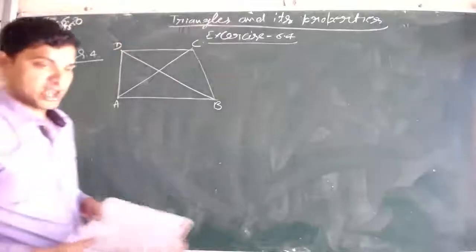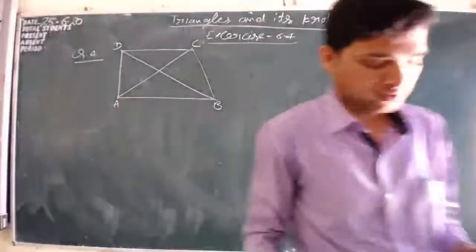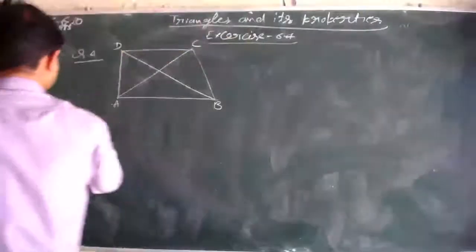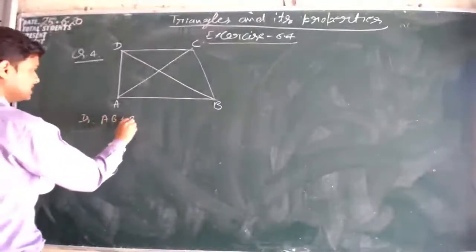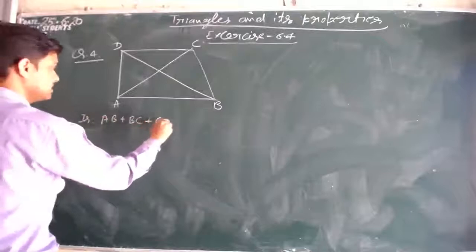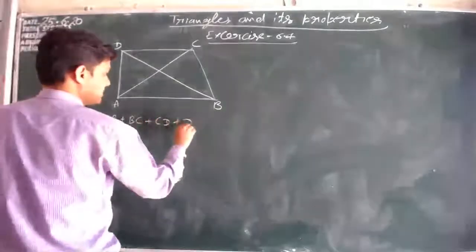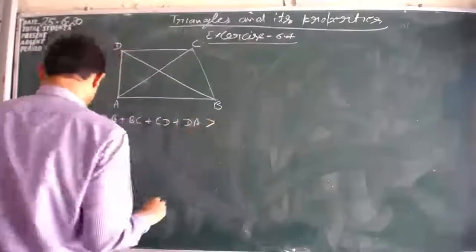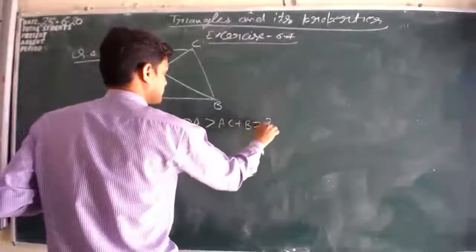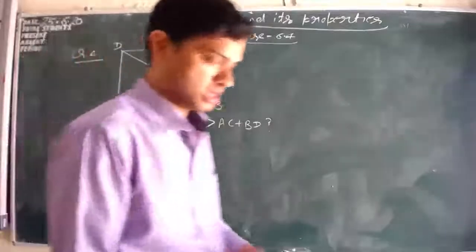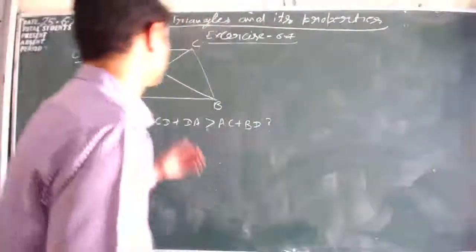In this quadrilateral, we have to prove that AB plus BC plus CD plus DA is greater than AC plus BD. Is it possible or not? Okay, we have to prove it.